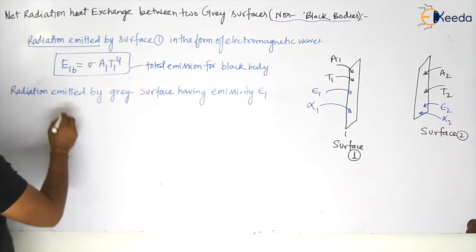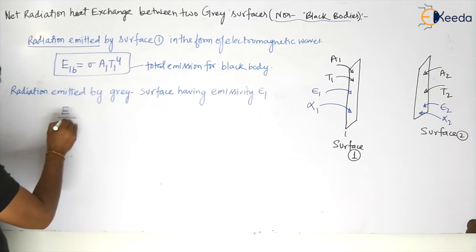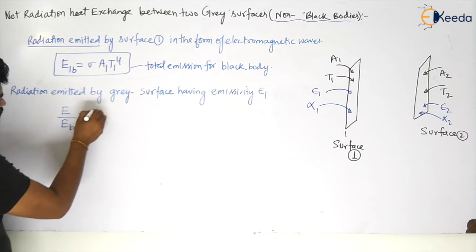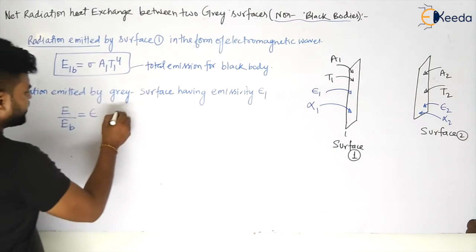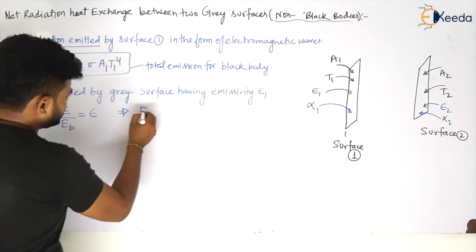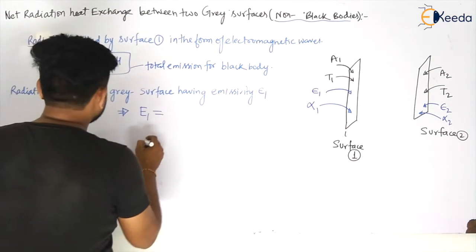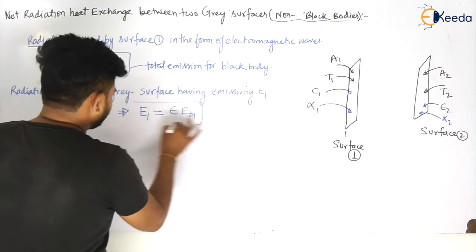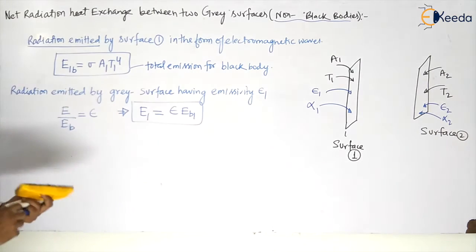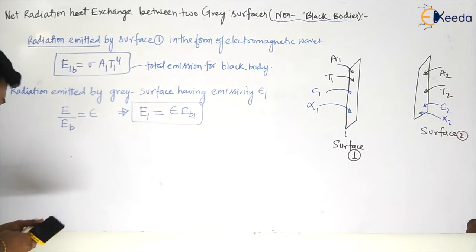We know already that E by EB is equal to the emissivity E, my dear students. Yes or no? So for a gray body I can easily calculate E1. This will become E times EB1. Yes or no?